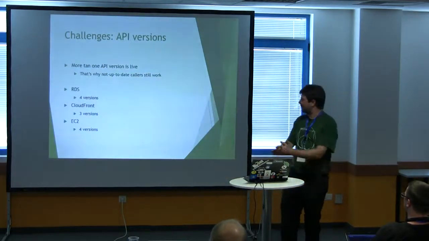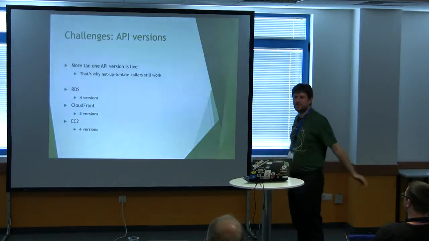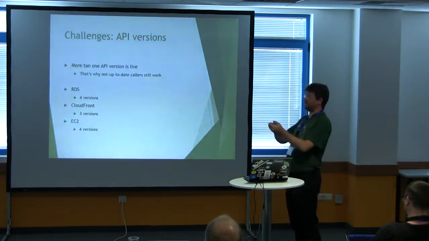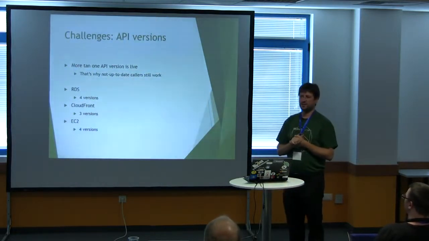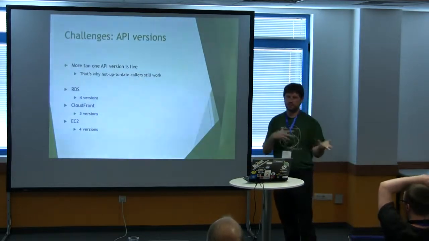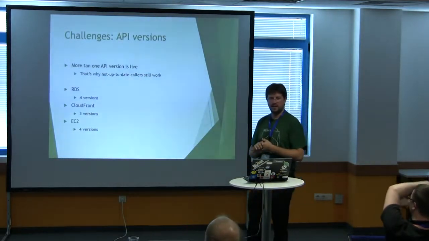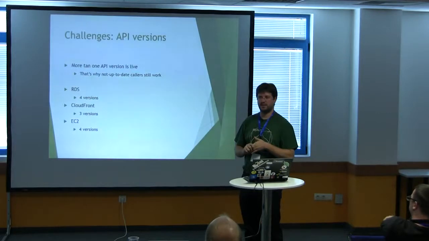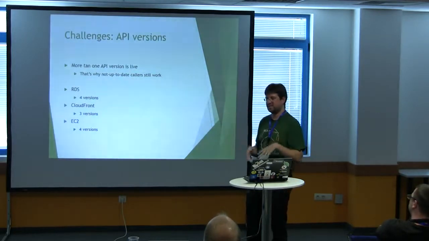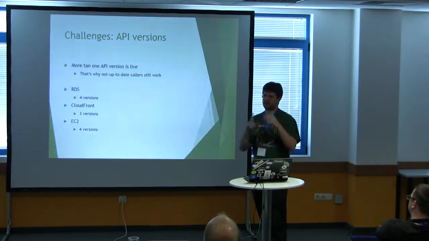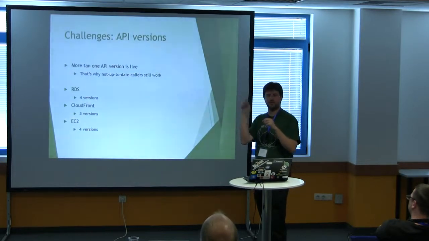Let's take a look at another challenge, the API versions. So as not to break backward compatibility, they version their APIs. So when you're calling the EC2 service, you call EC2/2012, and so on.